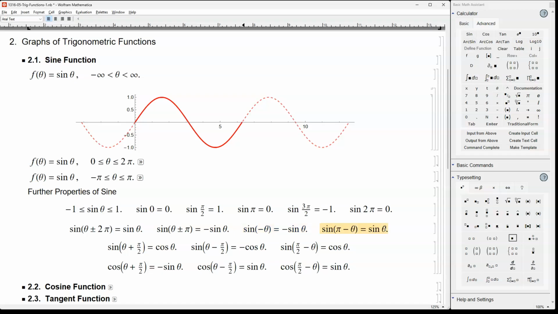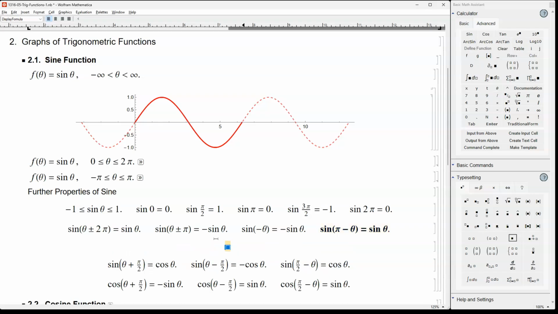Now, finally, this one is a bit trickier. At the same time, in my opinion, the most important. It is particularly important in trigonometric equations. What do we mean by that?